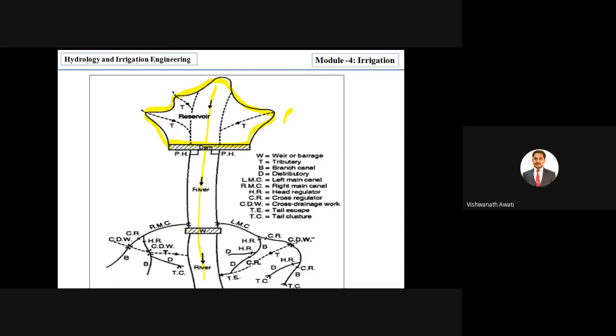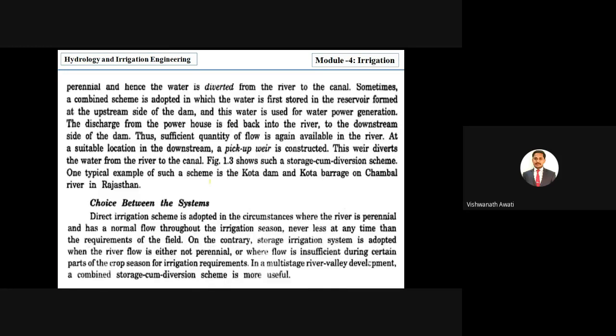This weir acts like a diversion, and the water level in the river is raised, then water is supplied to canals, and through canals it is supplied to agriculture land. So due to both effects, one is storage of water, the stored water used for hydro power generation, then after collecting that water back to the river, it is raised to some level and water is supplied to the canal, and due to both effects it is called a combined irrigation system.